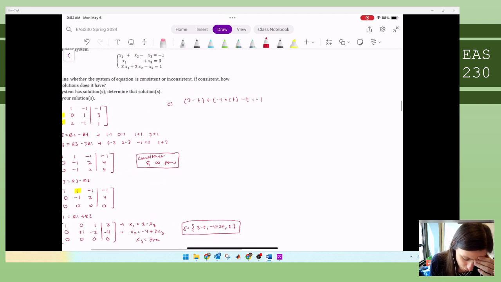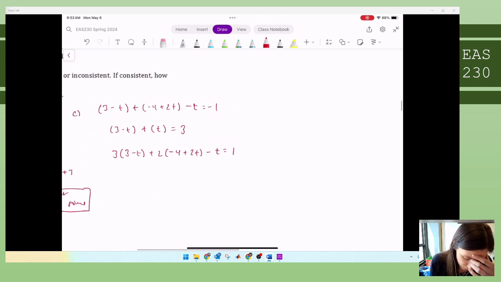For equation 2, it would be 3 minus t plus t equals 3. I can see that's obviously true. 3 minus t plus 2, negative 4 plus 2t, minus x3 equals 1. So then I would go ahead and just solve for this. So this would be 3 minus t minus 4 plus 2t minus t equals 1.